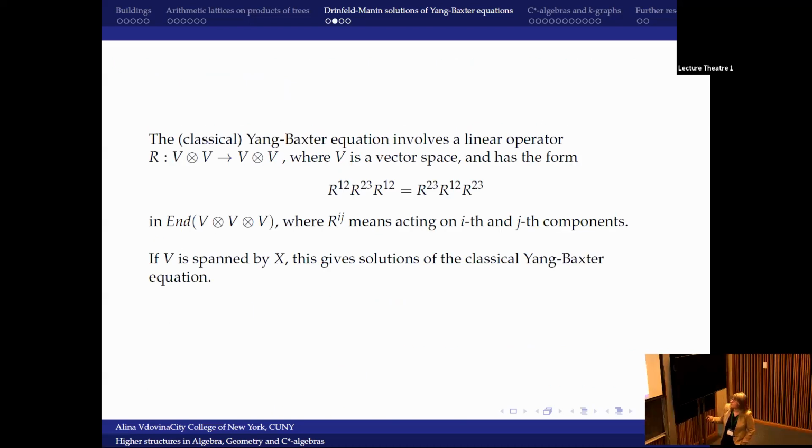Because this is what Fabian already told us yesterday, how you pass from the set theoretical or Drinfeld-Manin solutions to the actual ones, to the linear operators, right?